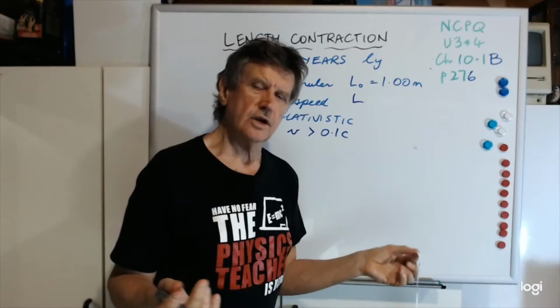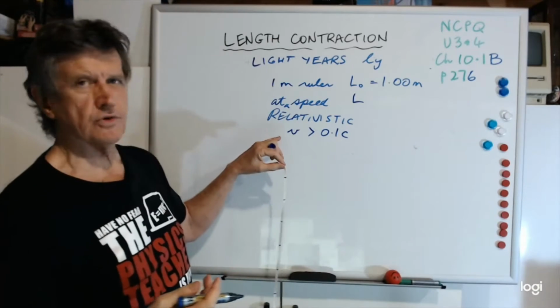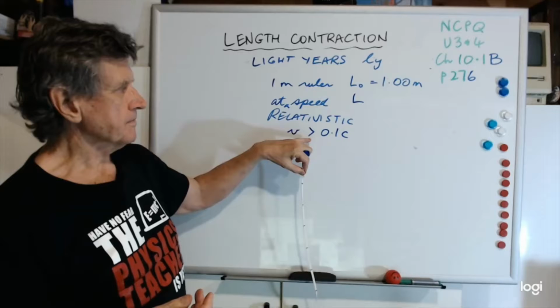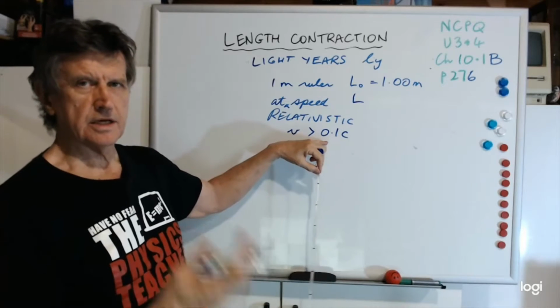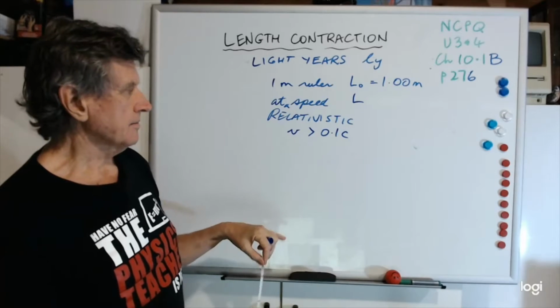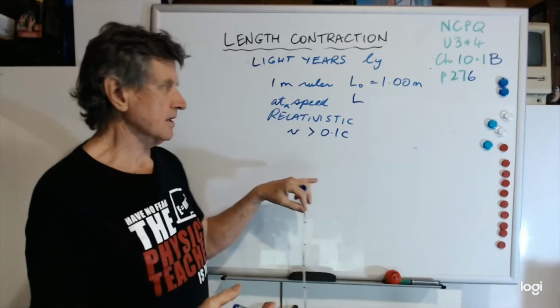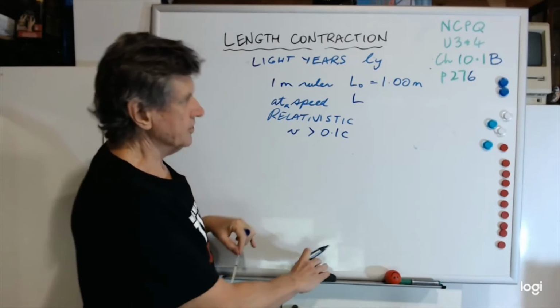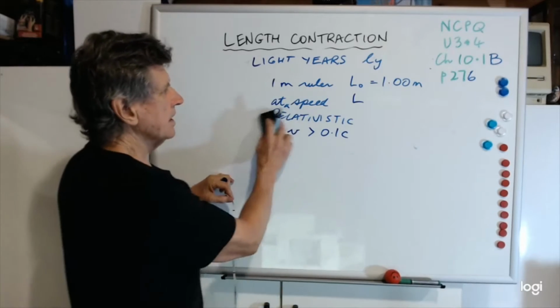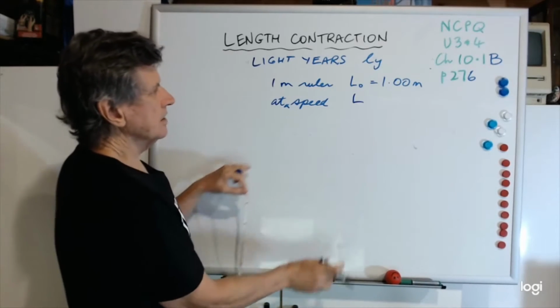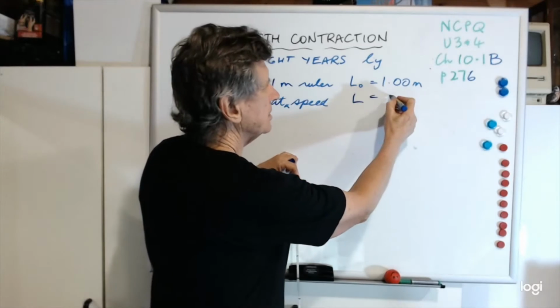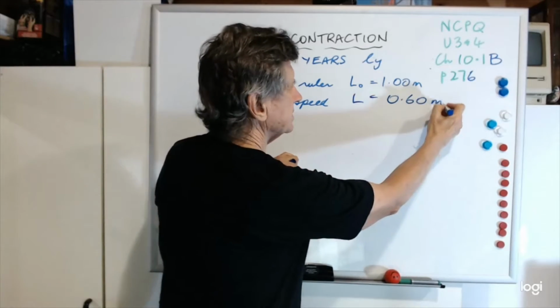In an external exam, they wouldn't confuse you with that. They'd either tell you the speed and say it's relativistic, or it'd be obviously not relativistic. It'd be talking about a train or something like that. Okay, but you can use that as a rule of thumb. So at speed, it might be 0.60 meters.